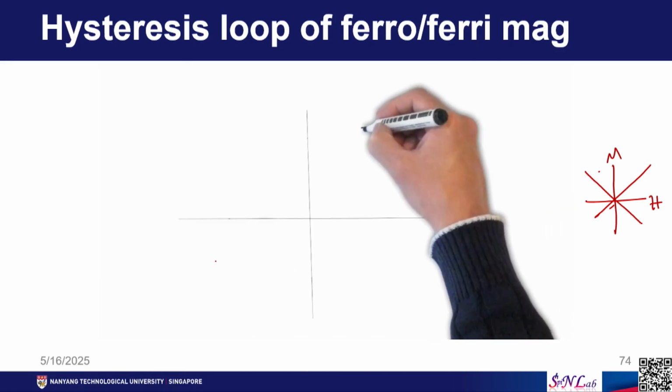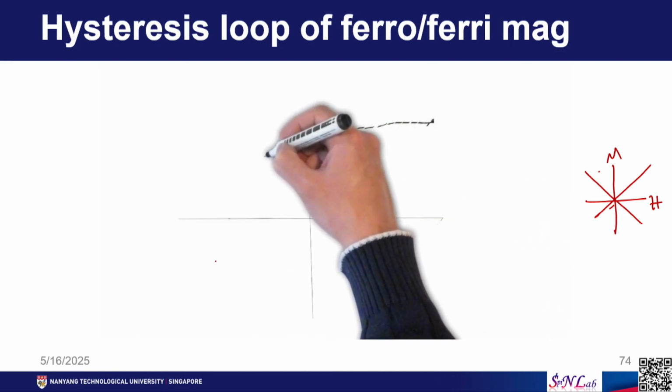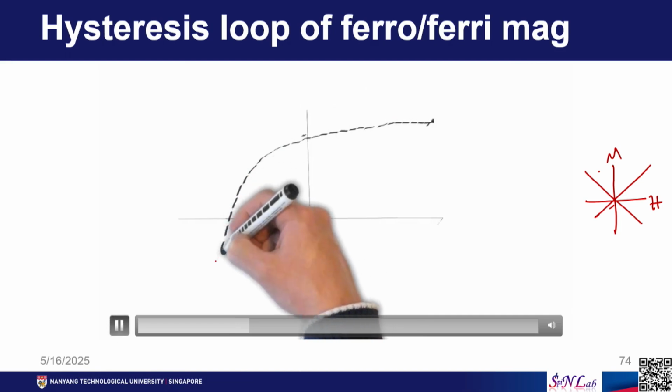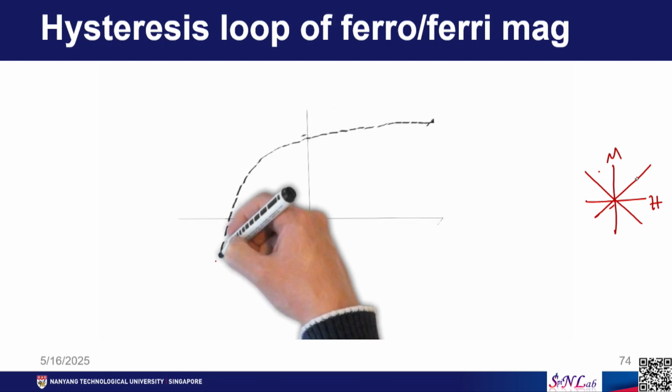Okay, so let us say you start increasing the magnetic field. Initially the magnetization will increase to a certain value. It will not go in a straight line, it will go in some curved line, it will go up. Then you reduce the magnetic field.